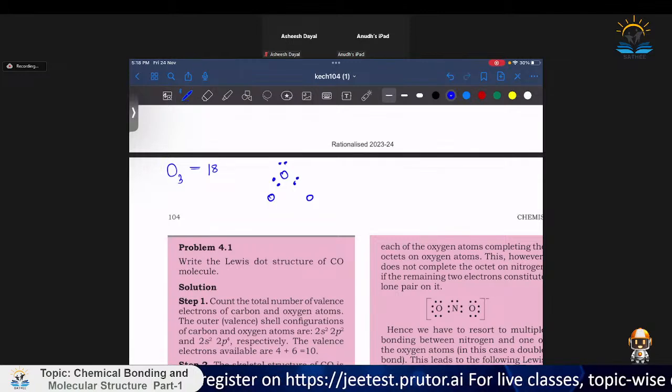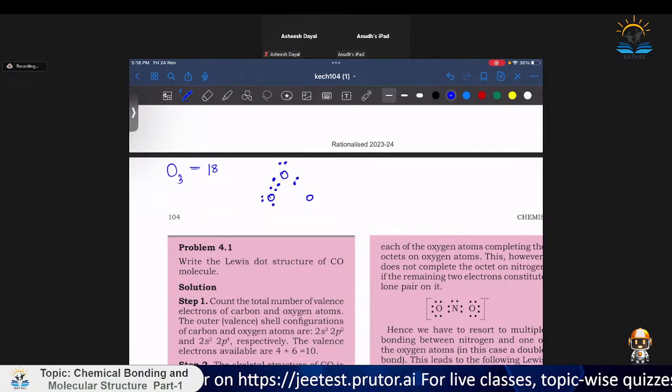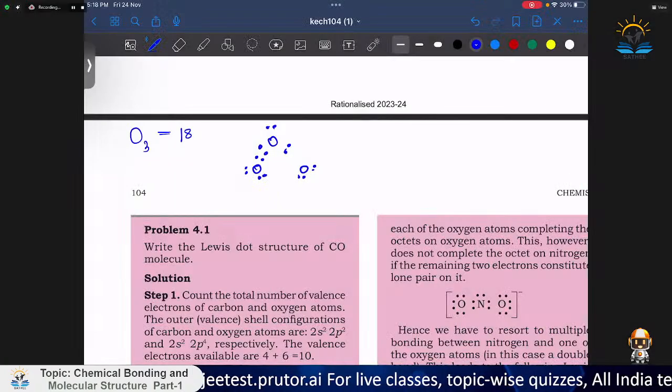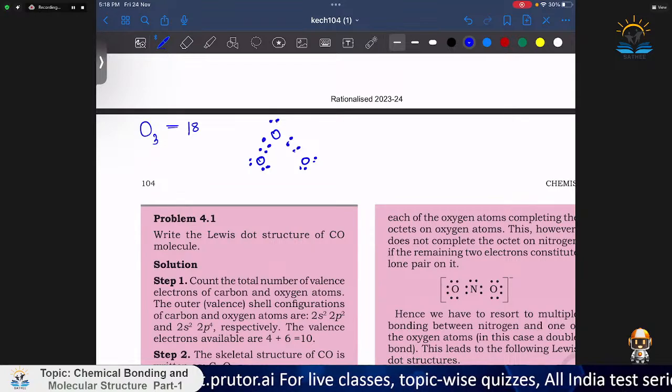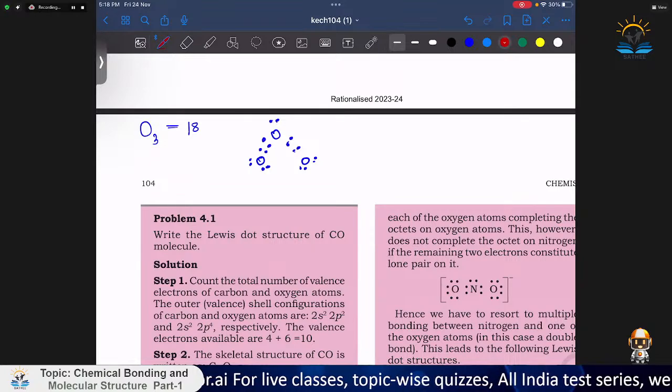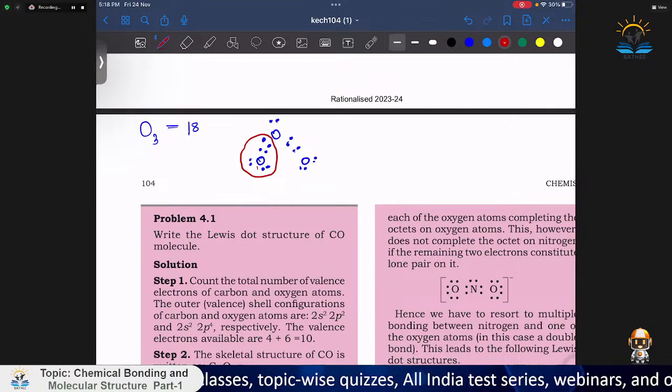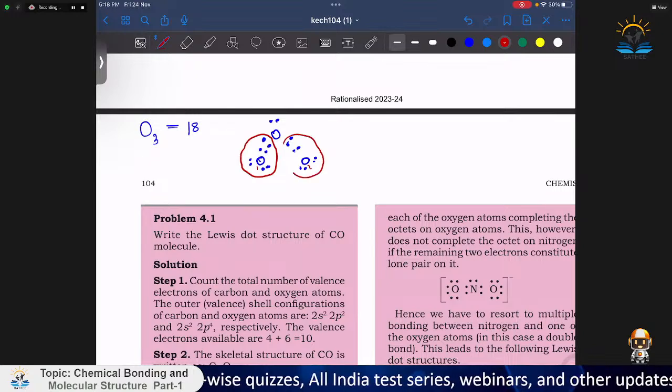Similarly, I'm drawing this structure. See, for the first oxygen, we have a complete octet. Even for the second oxygen, we have a complete octet.